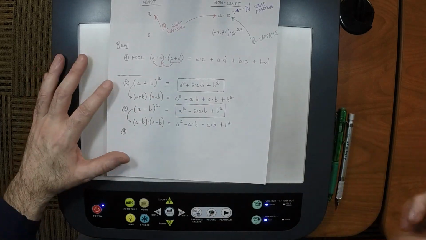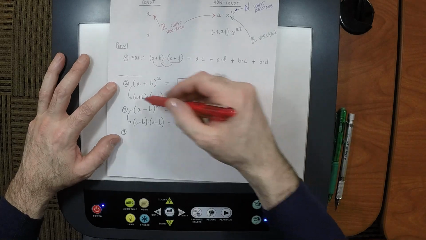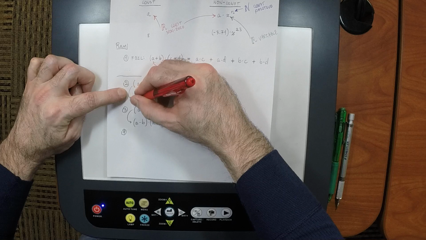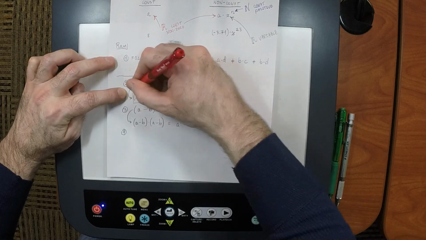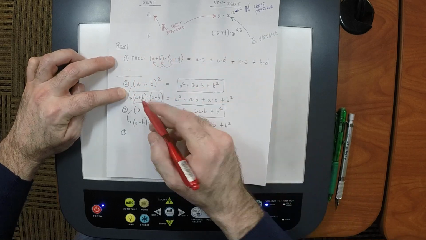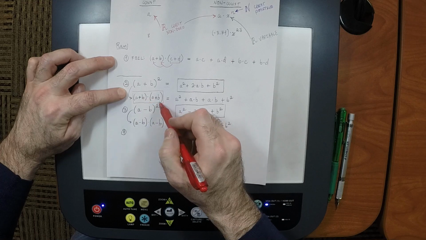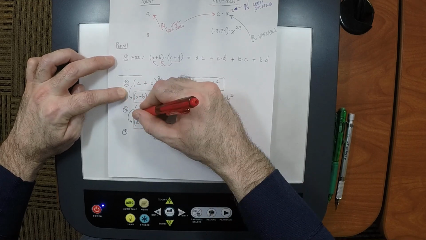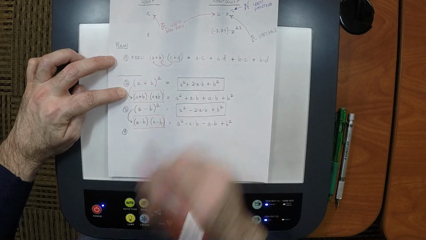Now, what I'd like for you to view this formula as is that it's like we took A plus B and we took another A plus B. And then this one is like we took A minus B and then another one.